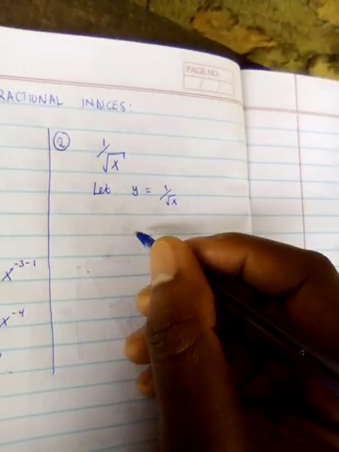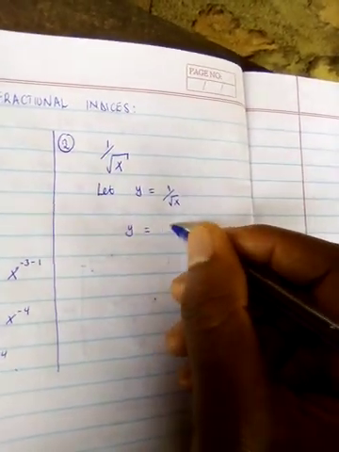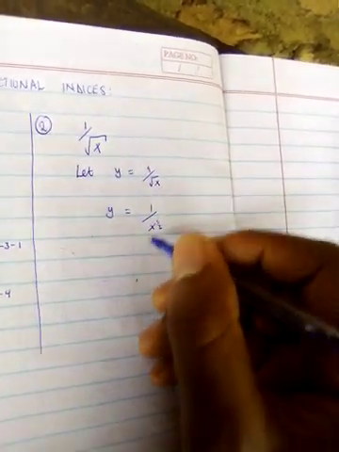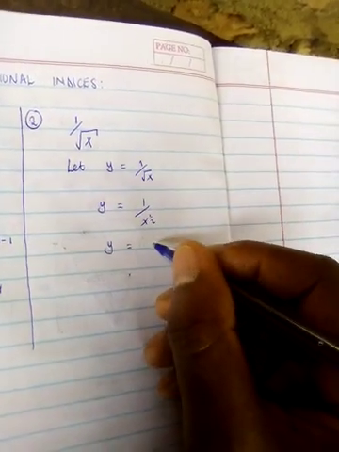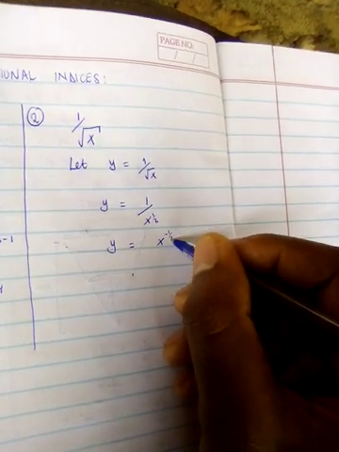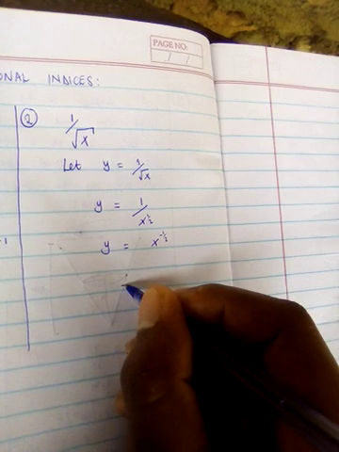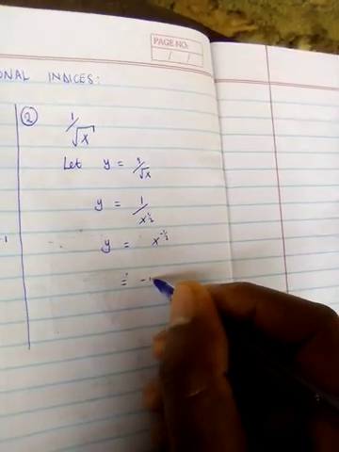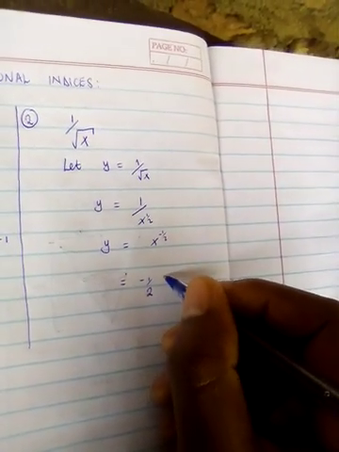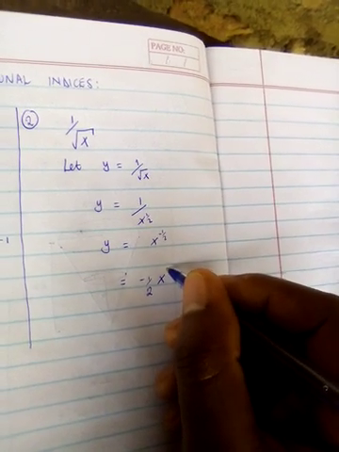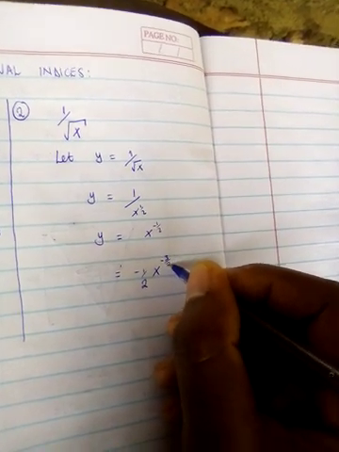Root x is the same as x to the power half. I take this up, so y is equal to x to the power negative a half. The rule says lower down the power, so it becomes negative a half. Then reduce the power by 1: negative 1/2 minus 1, which is negative 3 out of 2.